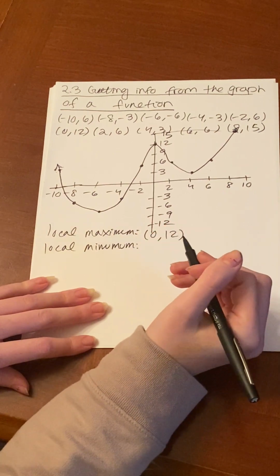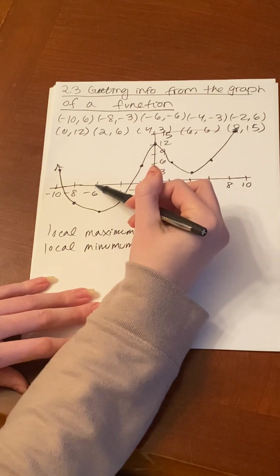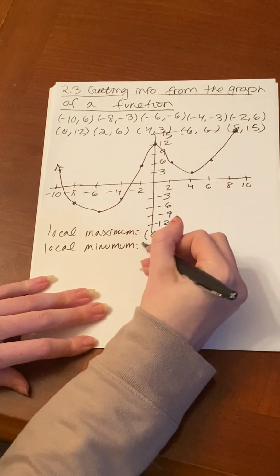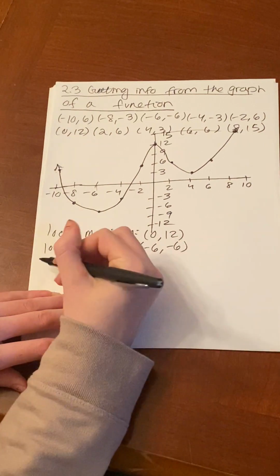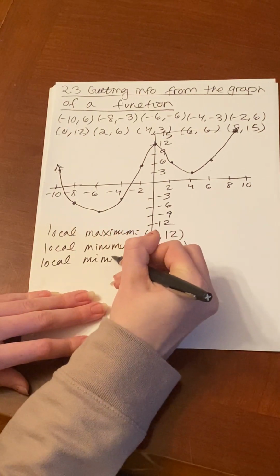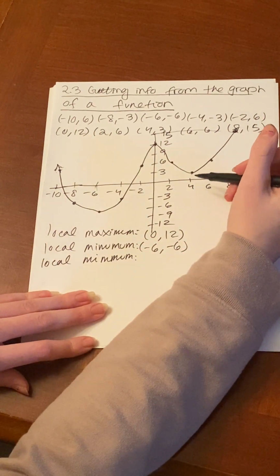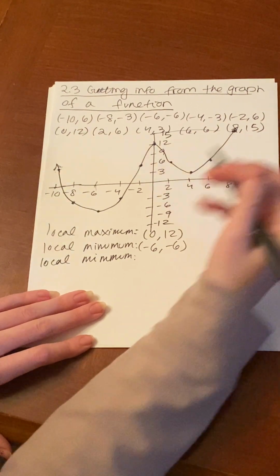The first one is the smaller x value. Since negative 6 is negative, it's smaller. So we find negative 6, negative 6. Then we have two local minimums, the second being the larger x value. So we find that at 4, 3.